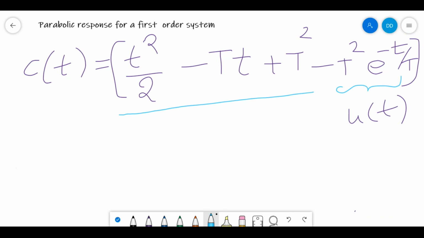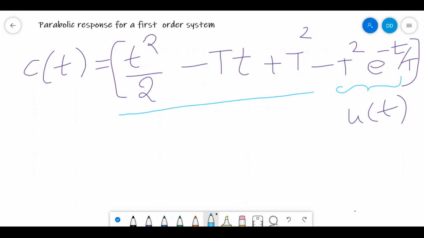So by looking at the response, it is clear that as time approaches infinity, our response is going to increase. So what we can conclude here is, if we apply the different standard test signals to a first order system, we see that the impulse response and the step response are stable, whereas the ramp and parabolic give an unstable system.